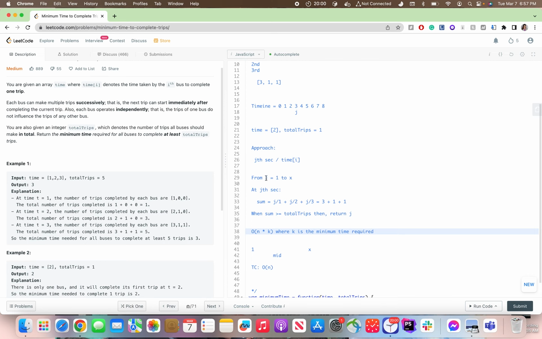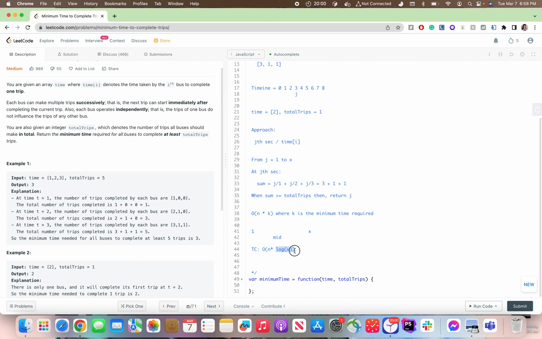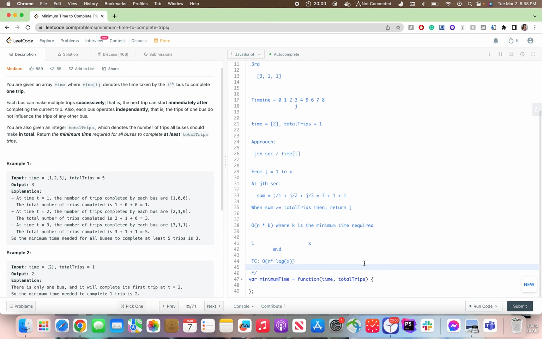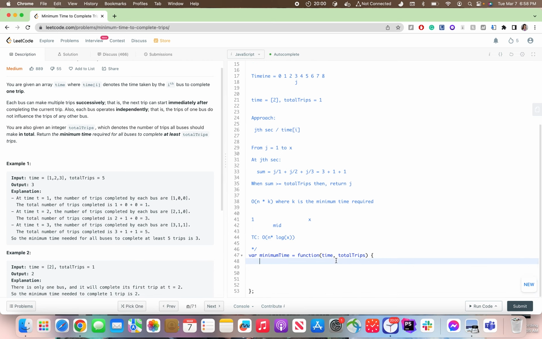In the previous solution it went from g equal to 1 to x, but now it would be O of n times log of x, and in the worst case scenario this would be less than this k value, I think. Okay, so let's do it.